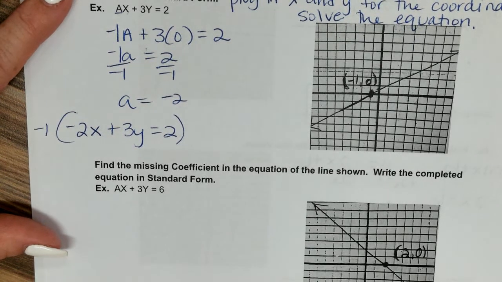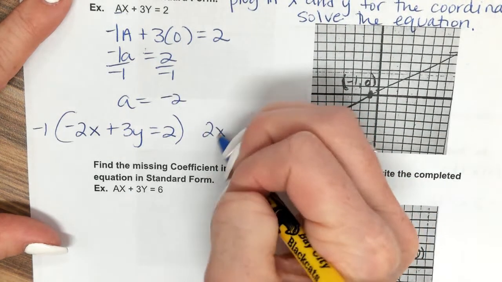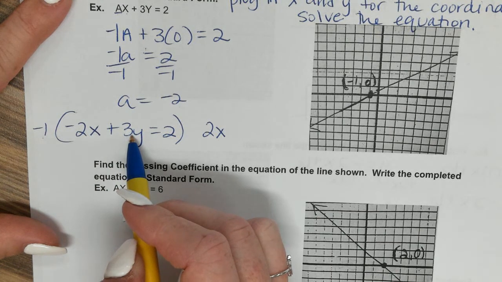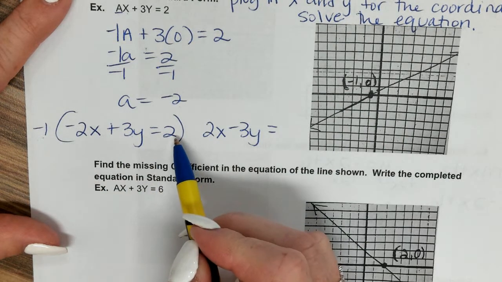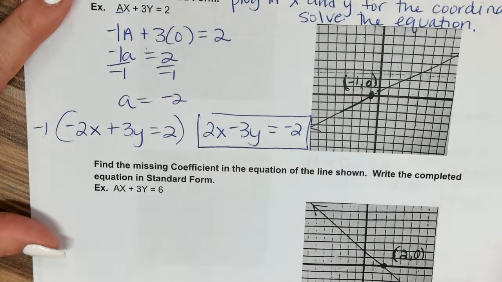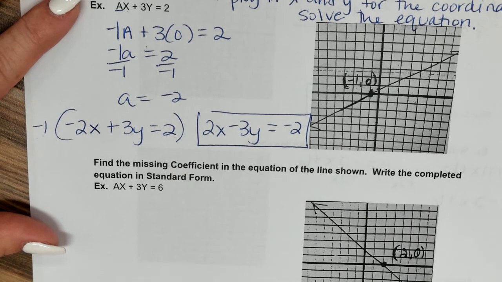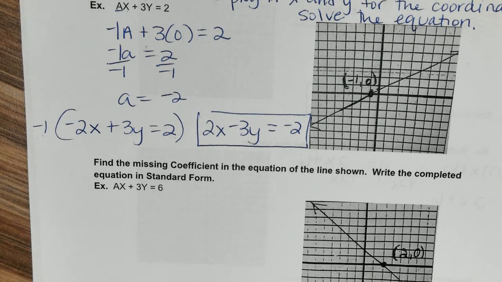Turn around. Pay attention. What's -1 times -2? 2. Positive 2x. All right. What's -1 times positive 3? -3y equals, what's -1 times 2? All right, now is it in correct standard form? This number cannot be a negative. But the y can, because it's the correct form of standard notation. Whoever came up with this form made that rule. That's why.